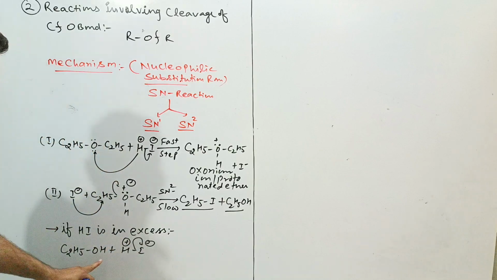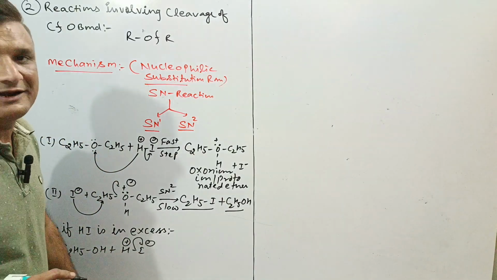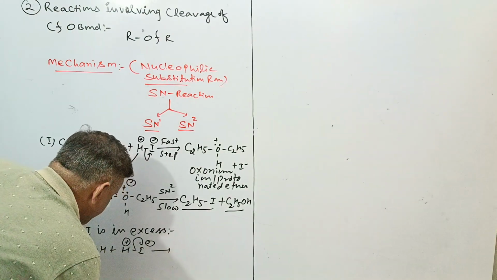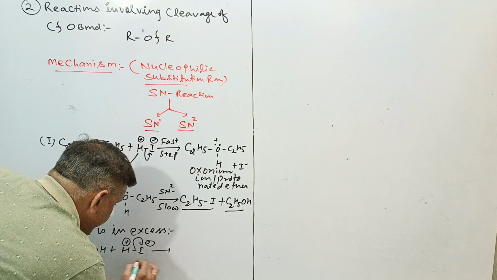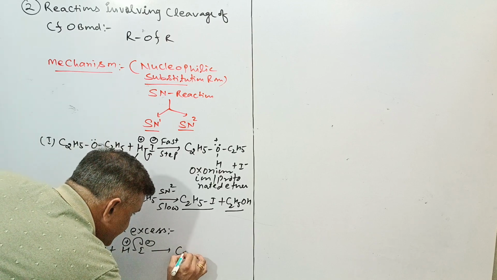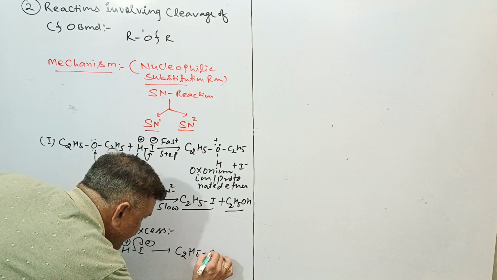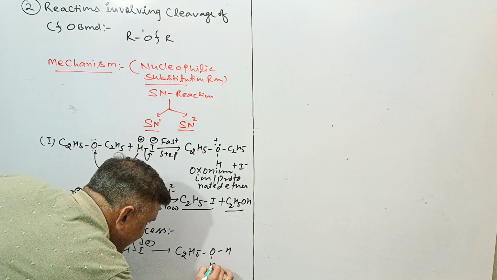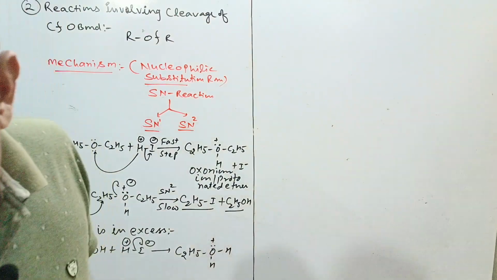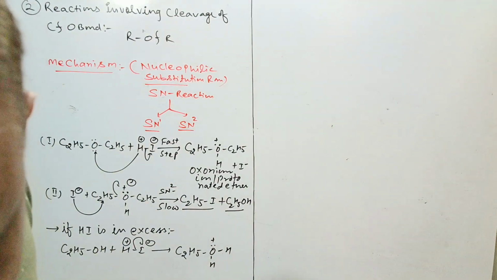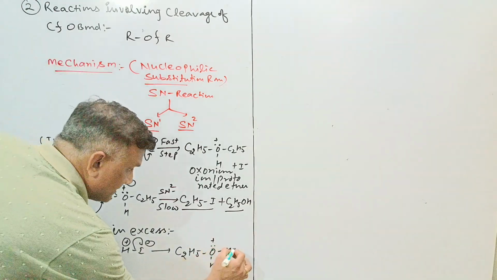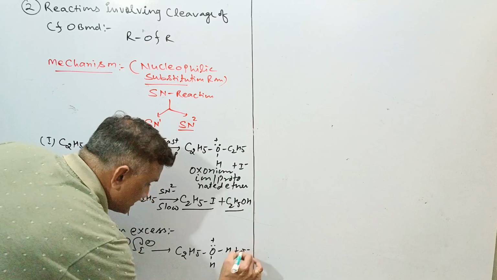Here will be the formation of protonated alcohol. Protonated alcohol means how it will be, listen to me carefully. This is C2H5OH, positively charged, or if not positively charged, then it will be like this. This is the I minus.